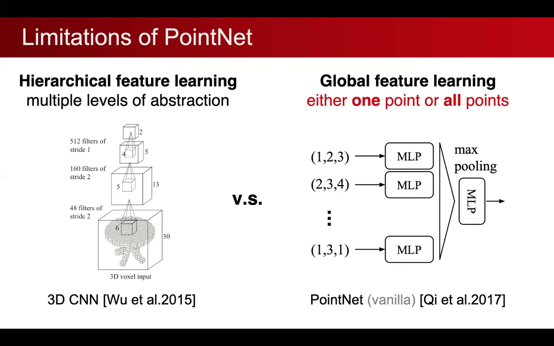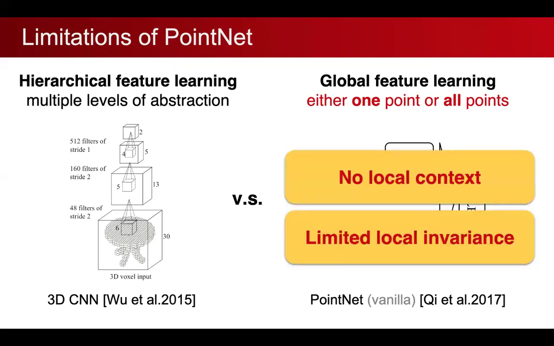And so the idea is to address that, because vanilla PointNet doesn't use local context, just global context, and has limited local invariance because it's dealing with all the points at the same time.